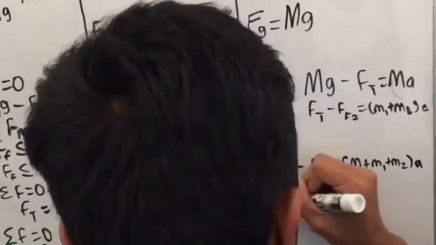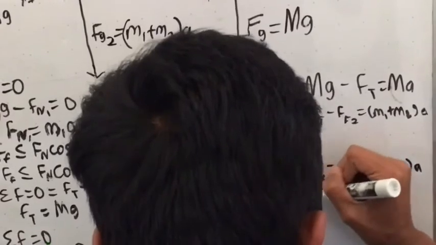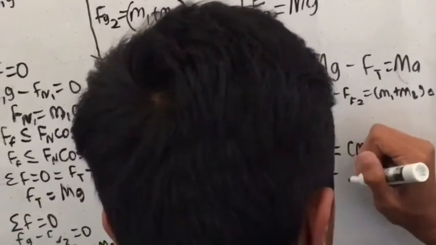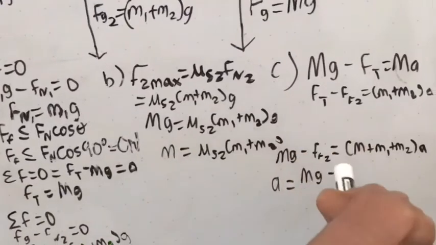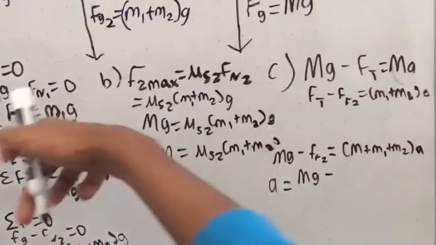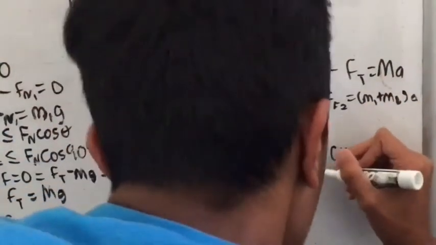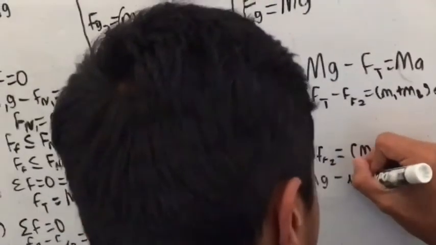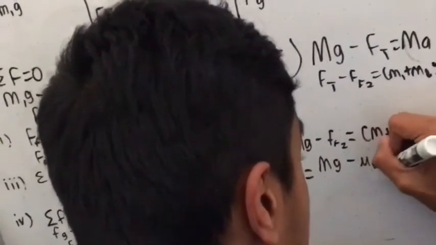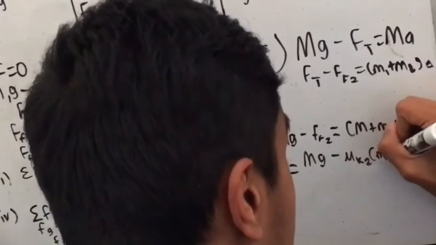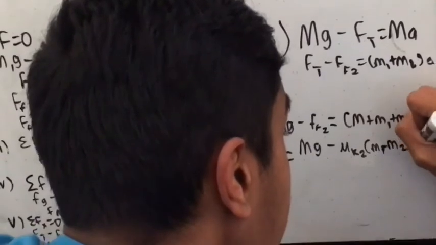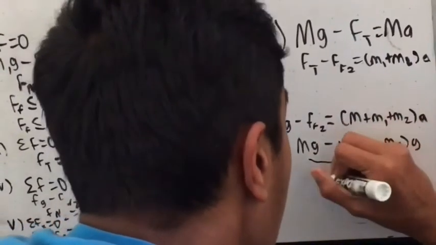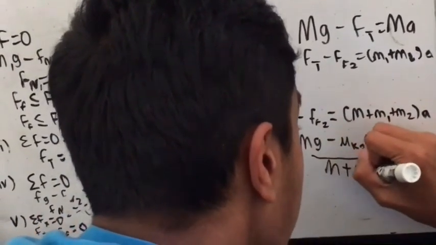And we get that a is equal to mg minus Ff2, which in this case is mu k2 times m1 plus m2 times g, as we did in the previous problems, over m plus m1 plus m2.